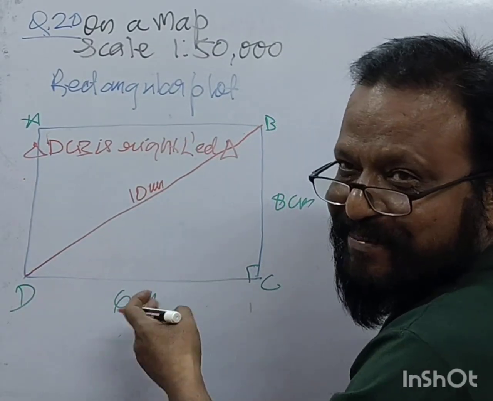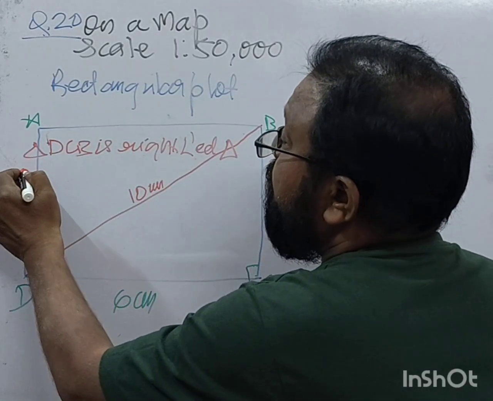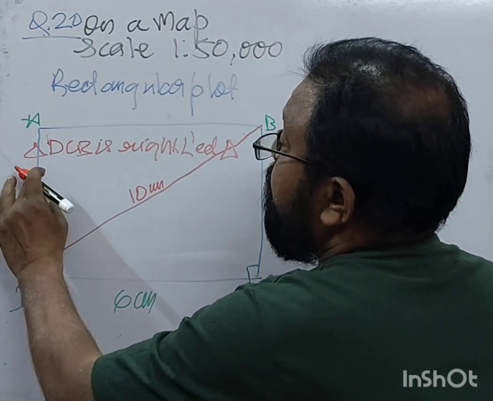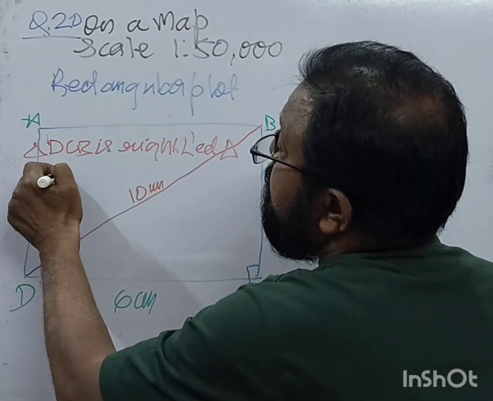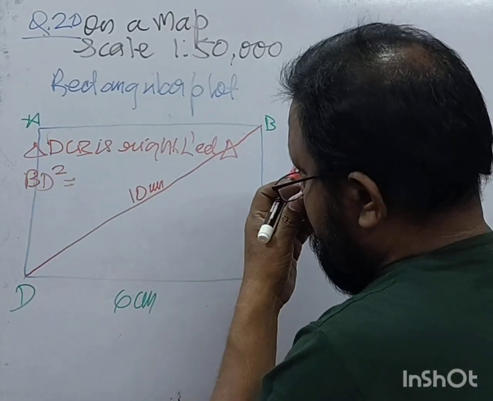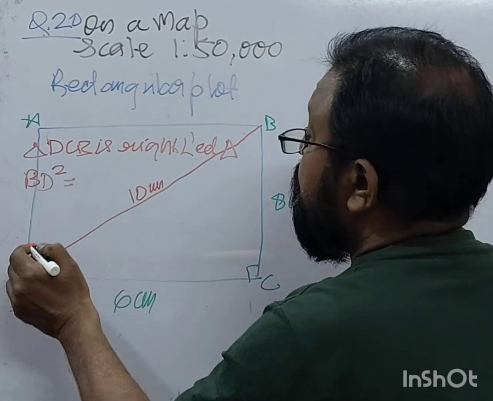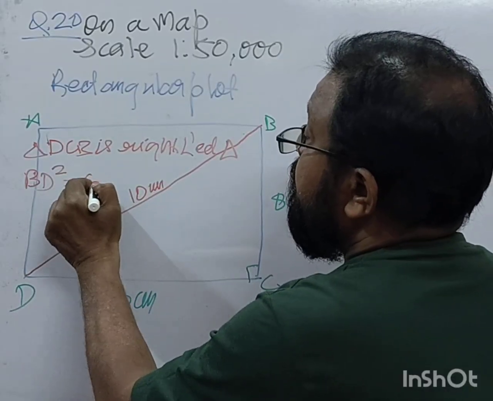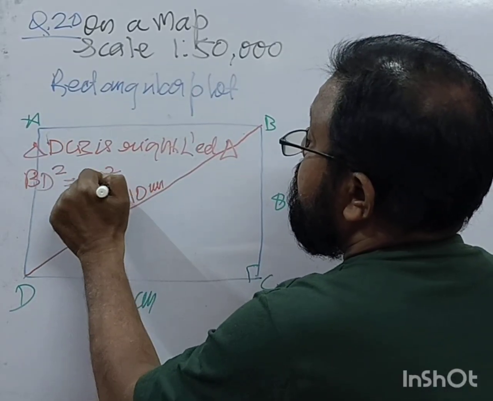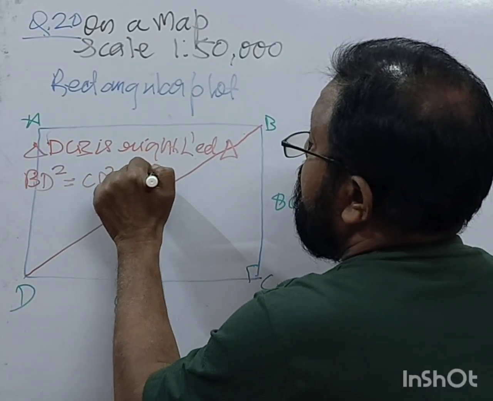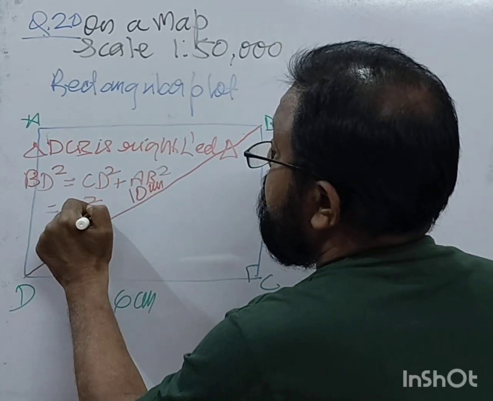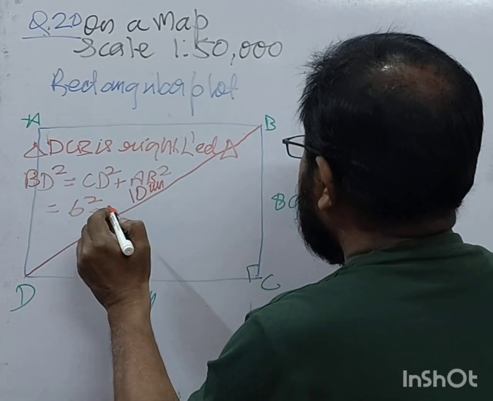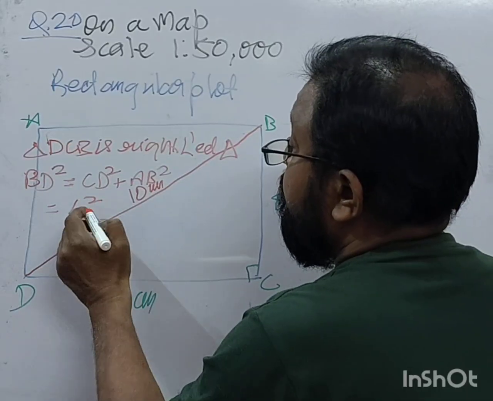मैंने ऑलरेडी लिख दिया है पाइथागोरियन ट्रिपलेट होता है, but if you go like this, right, BD square is equal to CD square plus AB square. So CD is 6 square plus 8 square.